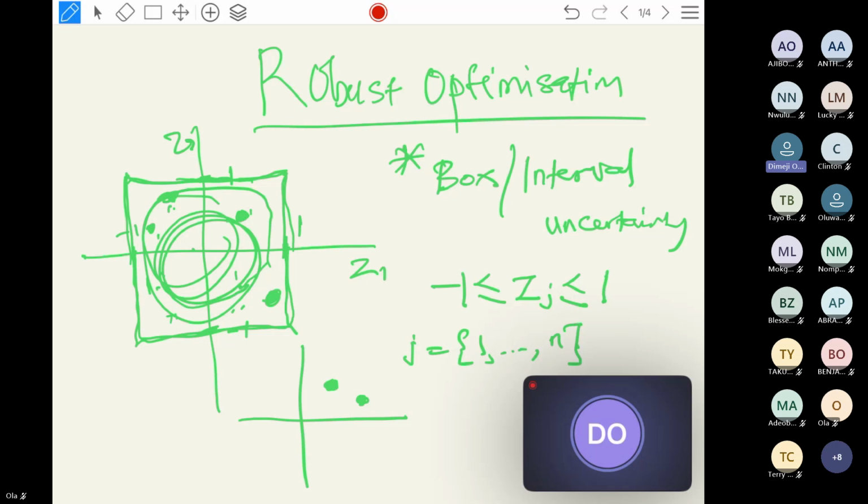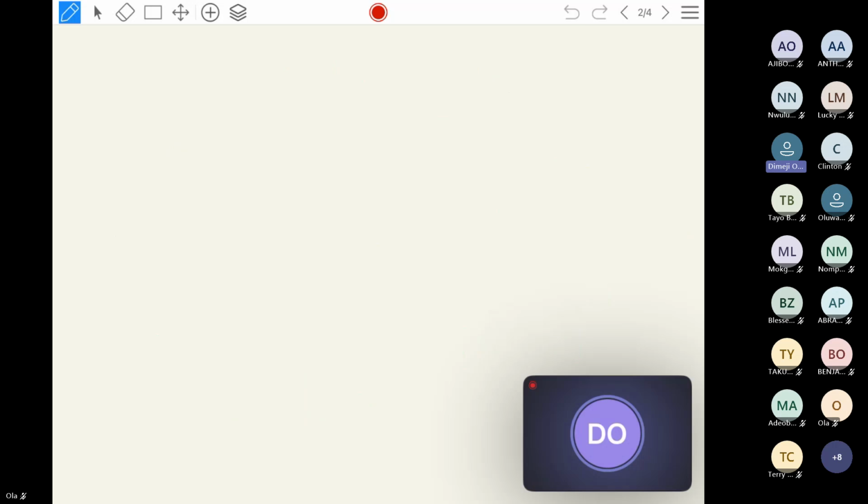Let me give us an example, the example of the solar irradiation I gave before. You want to size a solar PV system based on time series data.